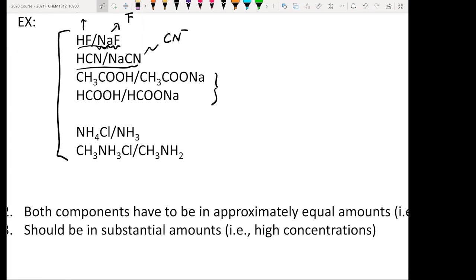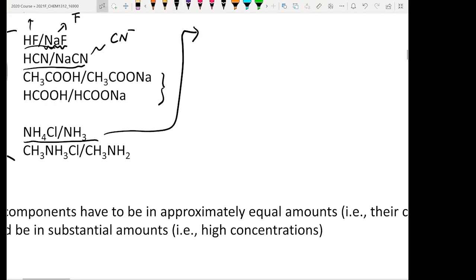One thing that's a little bit special that students will miss is the amine group, for example, this guy, NH4Cl. You should see this as NH4 plus and Cl minus. Cl minus is a conjugate base of a strong acid, right? So this did not contribute to your pH.